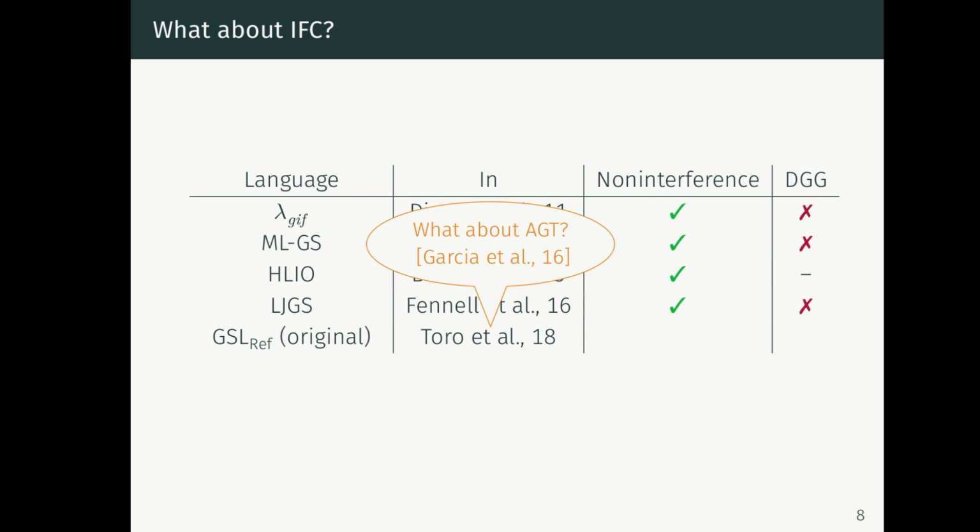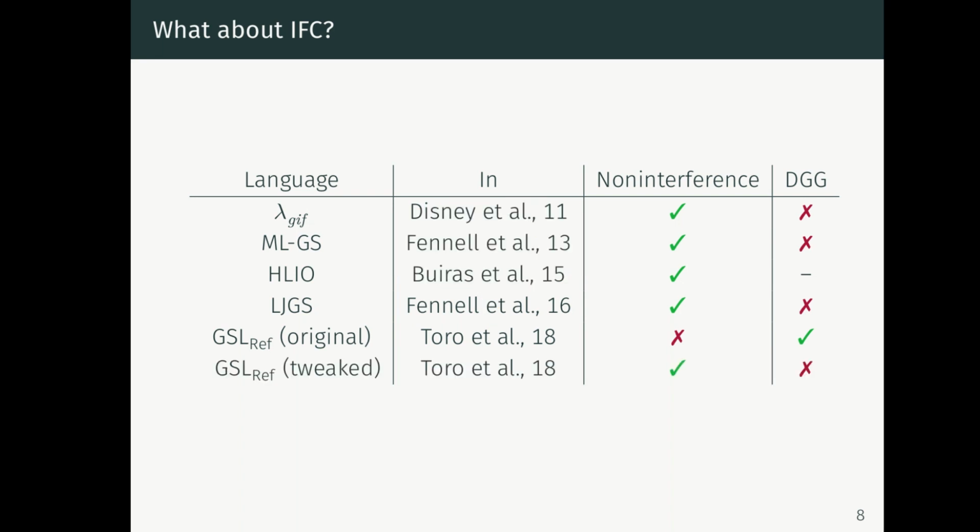Toro and the others used AGT to define GSL-Ref, which is a gradual IFC language with general references. And unfortunately, while this design did manage to satisfy the dynamic gradual guarantee by fiat, it ended up violating the soundness property of non-interference. And the fix found by the authors was to tweak this initial design with a dynamic check for enforcing non-interference, which, unfortunately, ended up breaking the dynamic gradual guarantee for reasons that we'll see in a second.